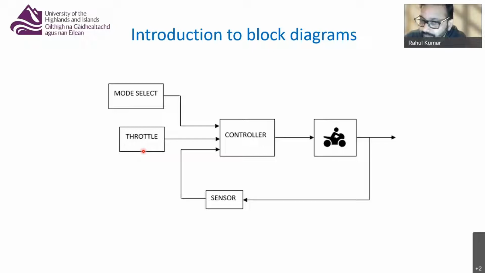Depending on the mode you have selected and the amount of throttle you are giving, your controller will decide the speed, the fuel intake and all those things, and then send it to your motorbike. So accordingly, you will have different speed or power generated by your motorbike.